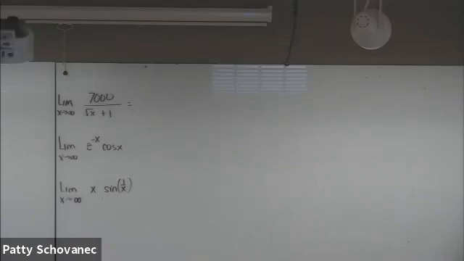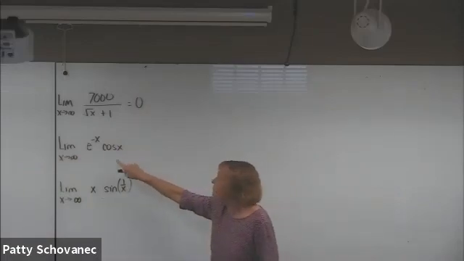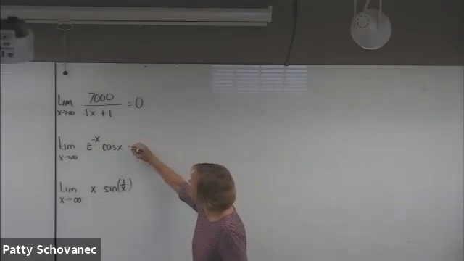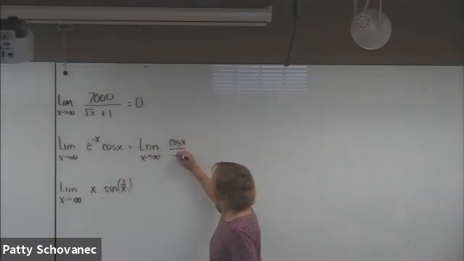First one pretty quick. Get 0 on the first one. As the bottom grows, the numerator stays at 7,000. So it's bottom heavy. You can write this one almost in the same way. You write that with a positive exponent. Does that help any?